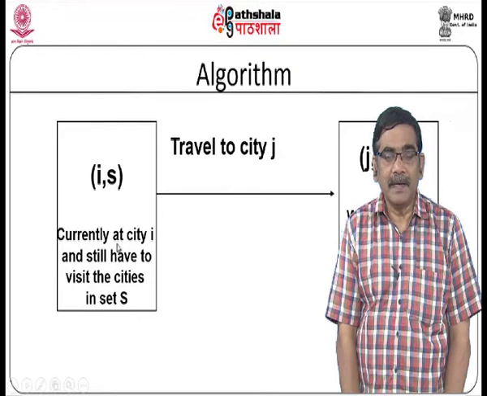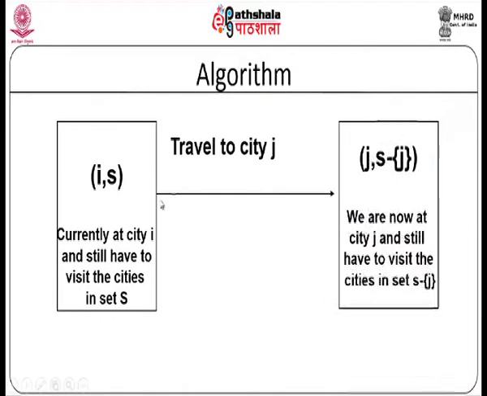Say for example, now I am currently in city I, then I travel to city J, meaning the jth city is visited. So, that means I should not visit J again.